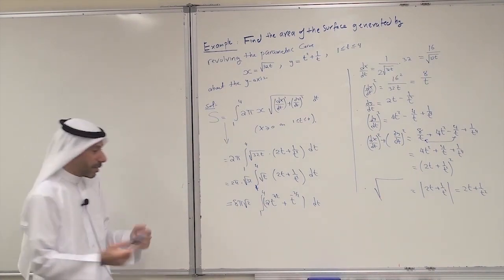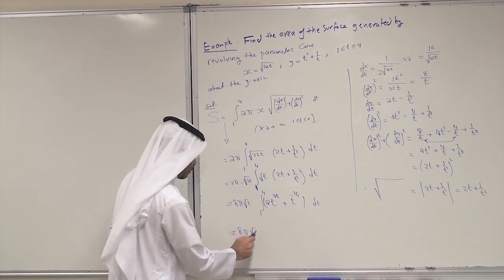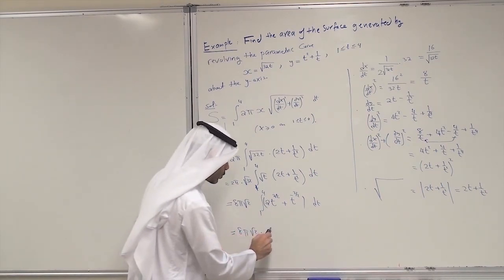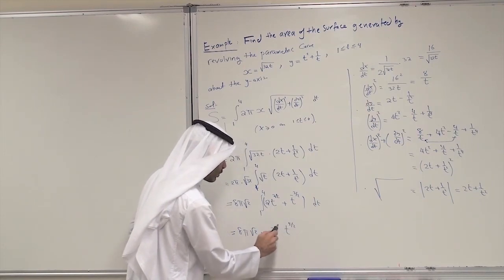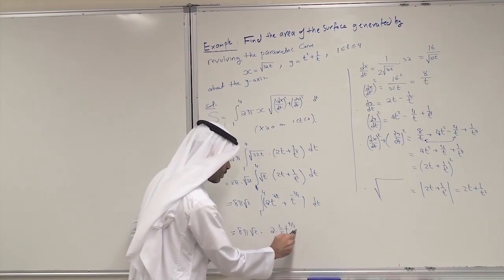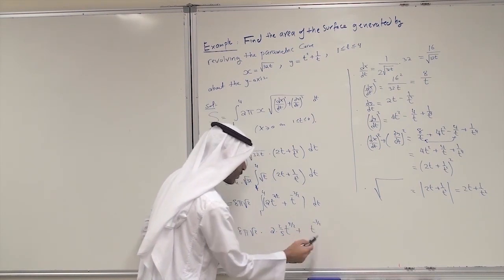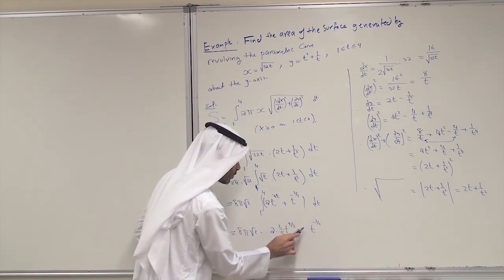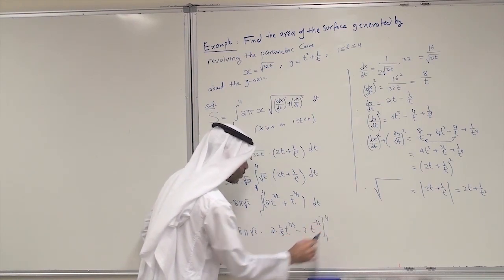Now you integrate using the very simple integral here. This becomes 2 times t^(5/2) times 2 over 5 plus t^(-1/2) times minus 2, from 1 to 4.